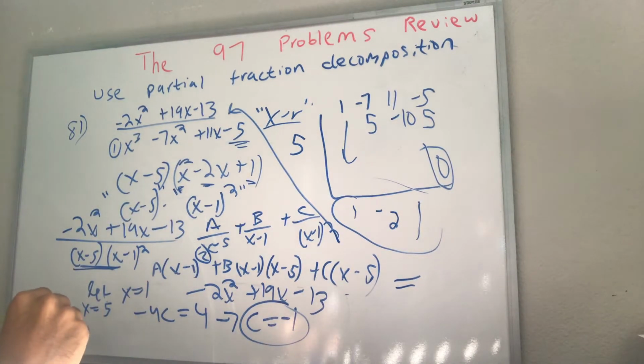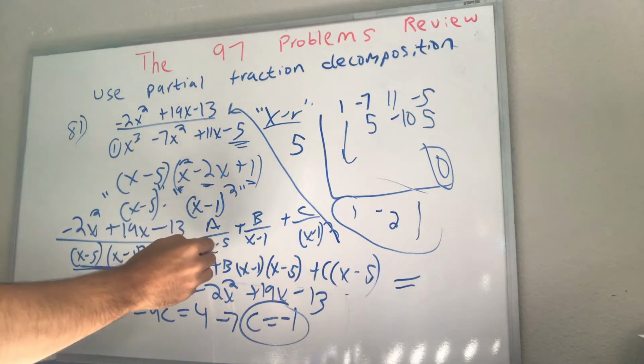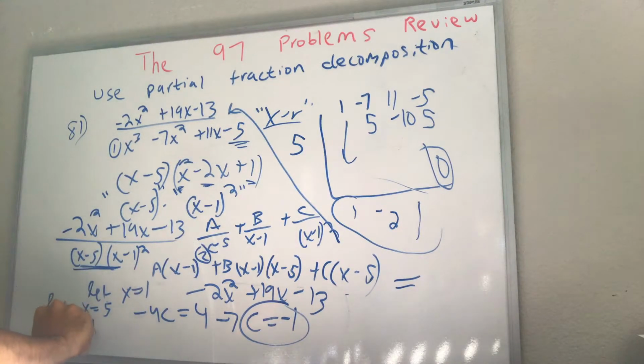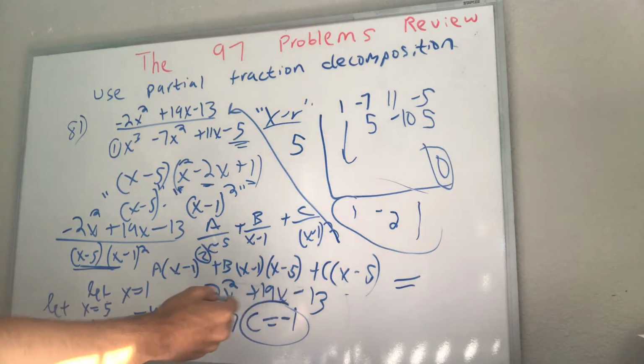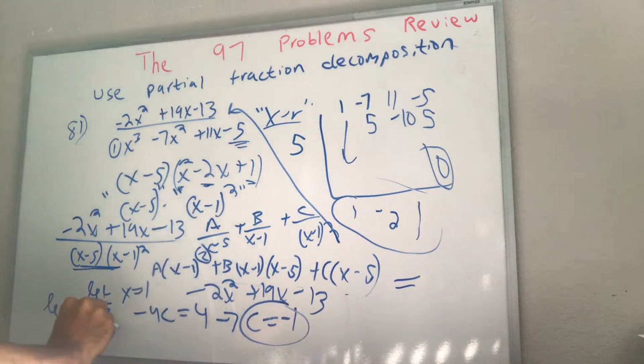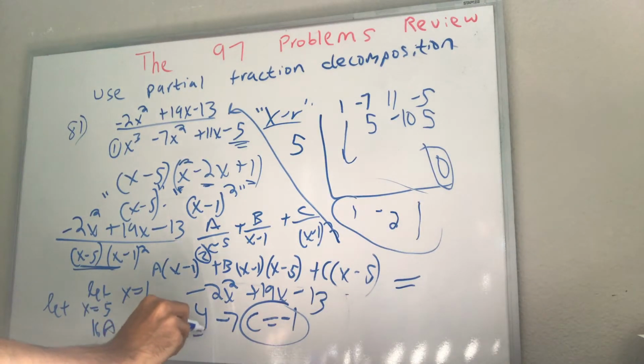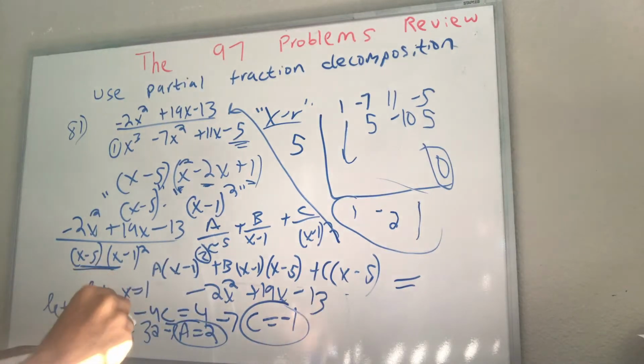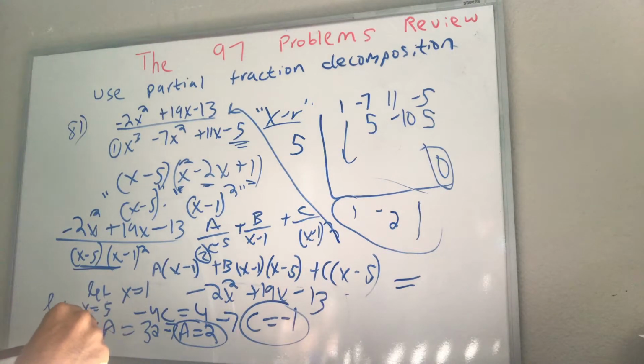So we would have 4 squared a, so that would be 16a. And then we can plug 5 into this expression, and if you do that in your calculator, you should get 32. So you know that a is equal to 2. So c is equal to negative 1 and a is equal to 2.